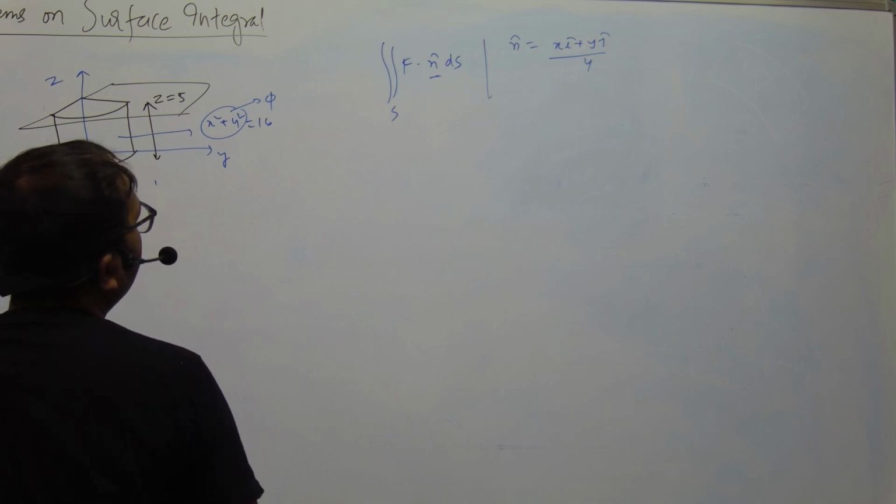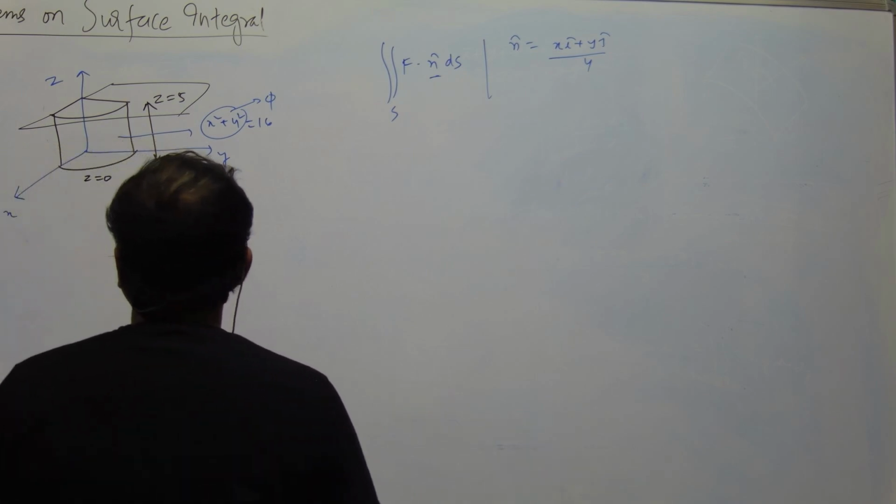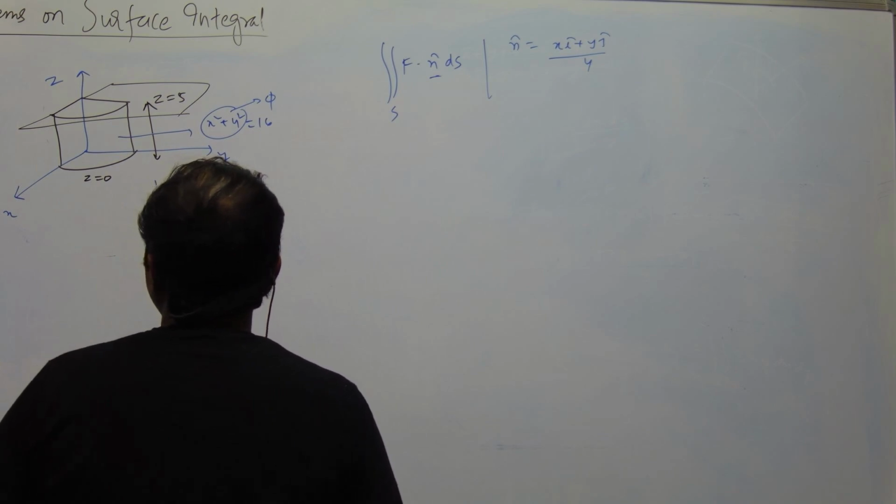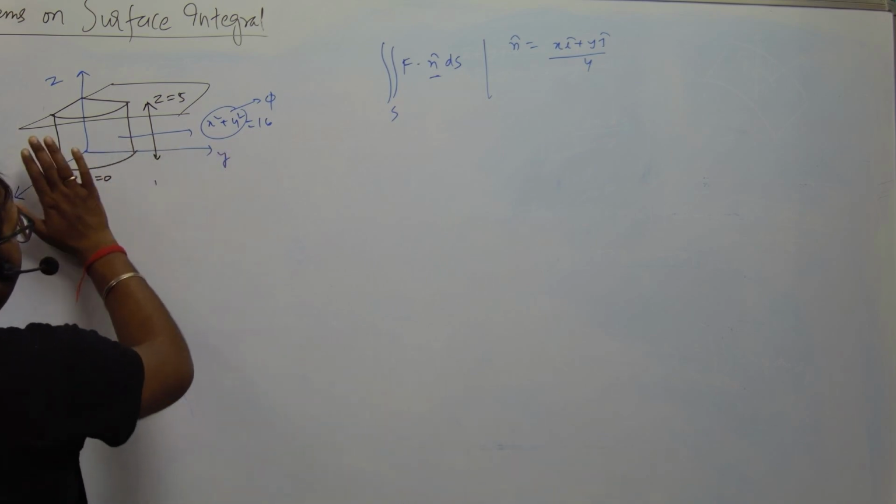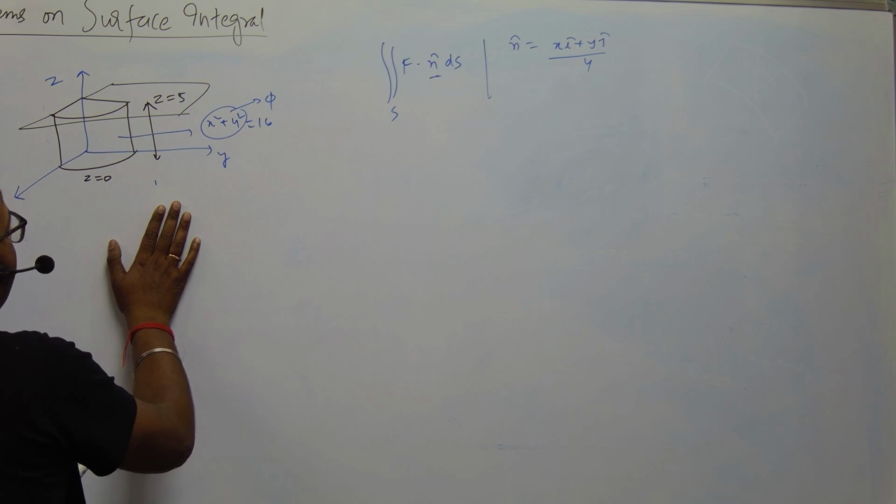Now let us find the value of ds. How can we find this? This is our curved surface of the cylinder.